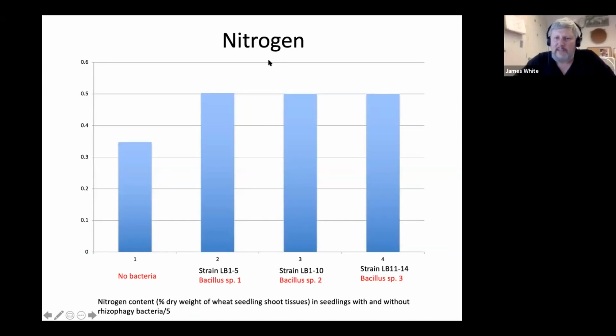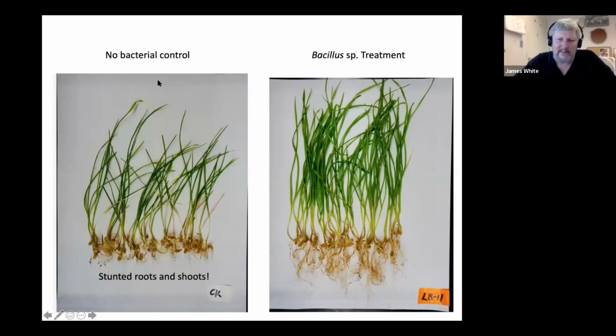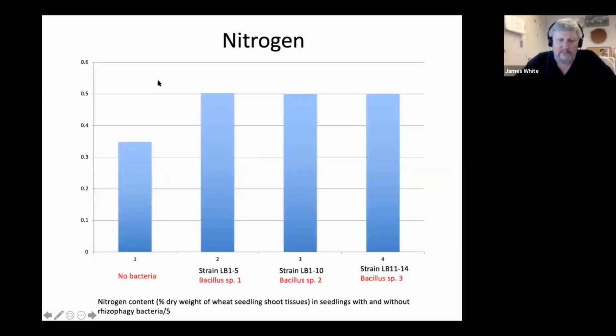Nitrogen, this is in terms of nitrogen. Now he took the leaves of the plant and then measured the nitrogen that was in that tissue. And here you see with no bacteria, it came up to this bar, that much. And then with these bacteria, there were 3 different bacteria that he used. And you can see it increased it by about 30%.